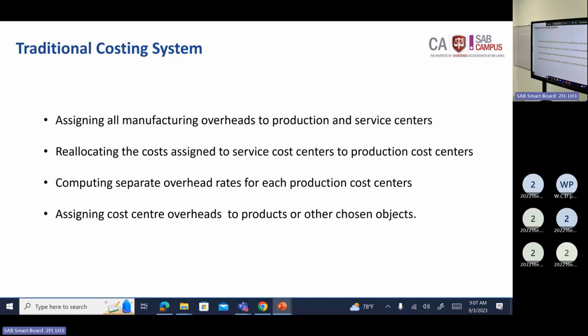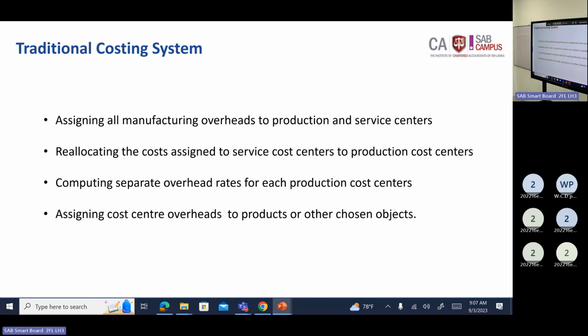Overhead means indirect. Indirect means we can't directly trace it to the product. But there may be overhead costs we can identify with the cost center. Right? You can't identify for the product, but factory 1 managers work only in factory 1, right?